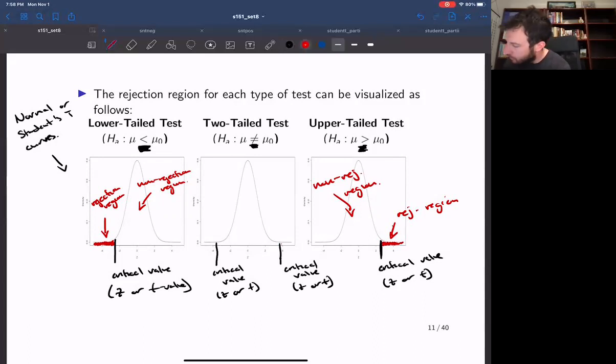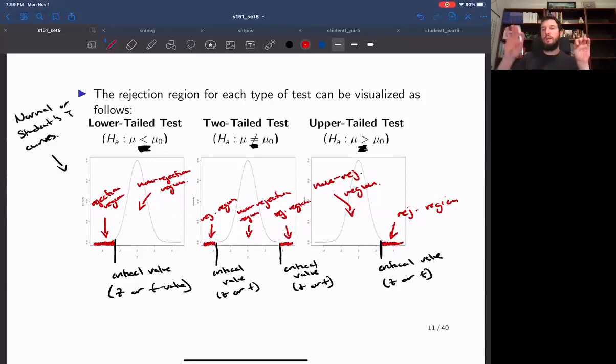And now you can reject in the upper tail of the curve, or you can reject in the lower tail of the curve. Okay, so now everything in the middle, that would be the non-rejection region. And if you get too far into either tail, you can reject. So that's why this is called a two-tailed test, because you have rejection regions in each tail.